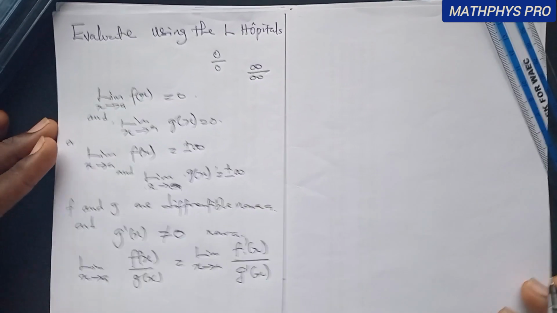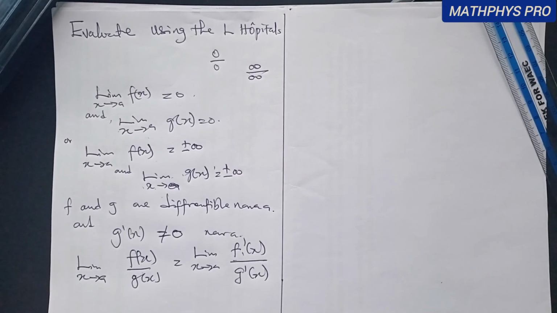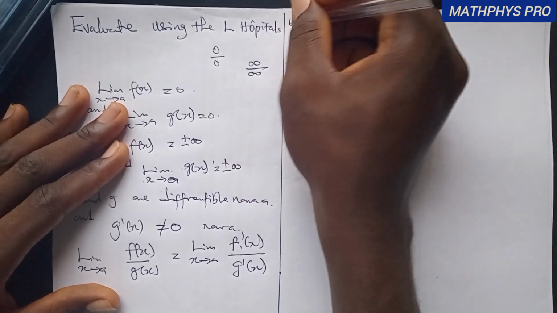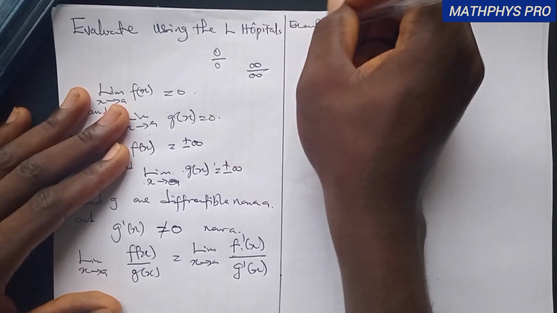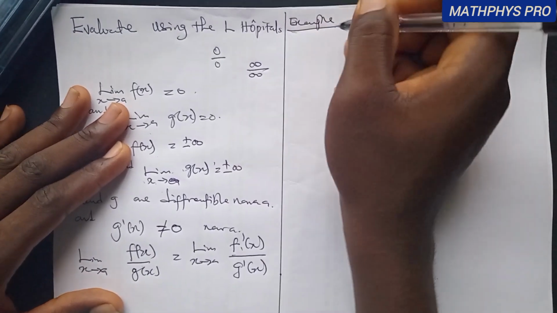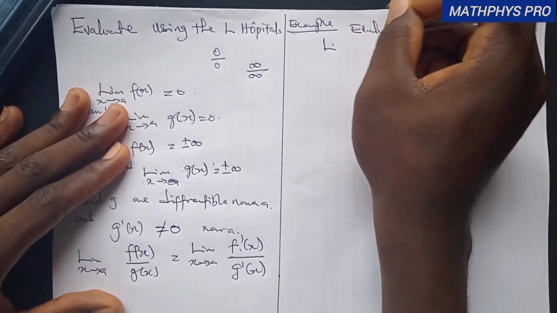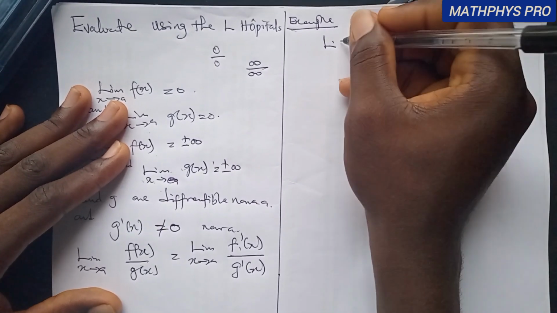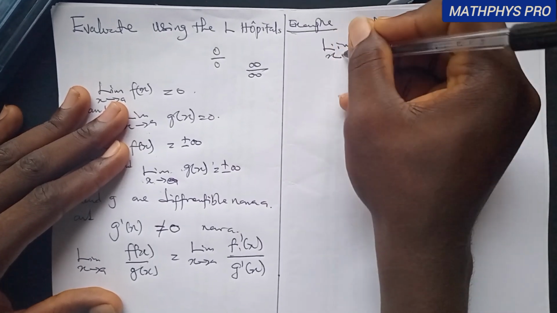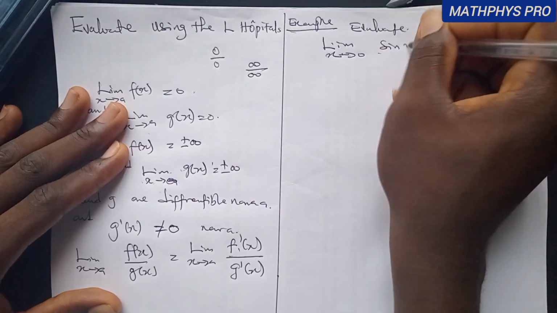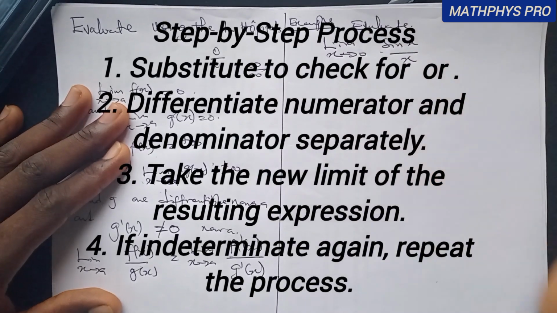So let's take one example, and I'm going to write the steps on how to apply L'Hopital's rule. Evaluate the limit when x tends to 0 of sine x over x.